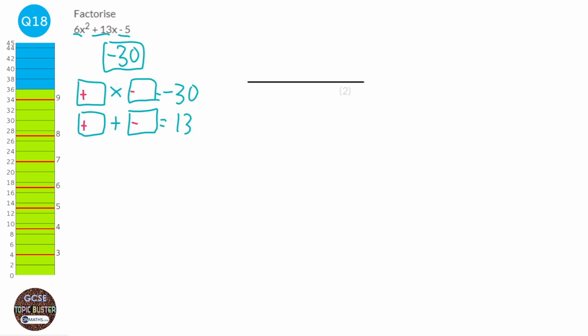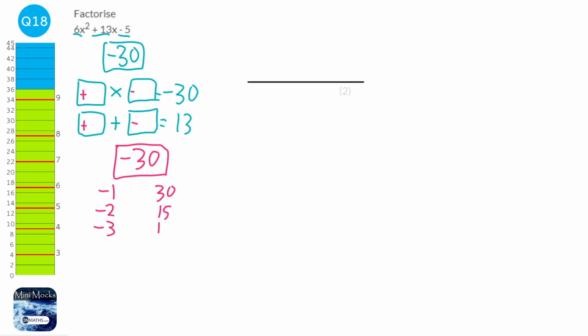And we can do this in our head, or we can write out the factors. So I can just quickly write out the factors of minus 30. So it would be minus 1 and 30, minus 2 and 15, minus 3 and 10, minus 5 and 6. And then the same thing, just the other way around. So 1 and minus 30, 2 and minus 15, 3 and minus 10, and 5 and minus 6.